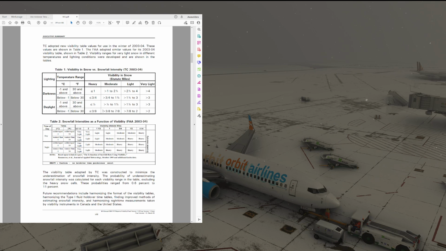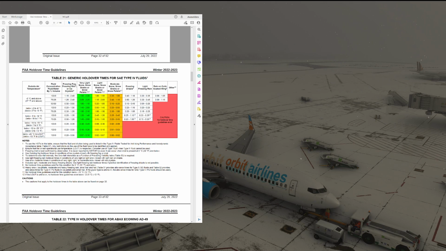I said that I would guesstimate the visibility to be approximately 500 meters in this one, so that is between 3/8 to 7/8 of a statute mile, and therefore we have moderate snowfall at the moment. With that we can go back into the FAA holdover time, and we can now determine we have moderate snow, temperature between -3 and -8, so we're looking at a holdover time between 25 to 55 minutes.